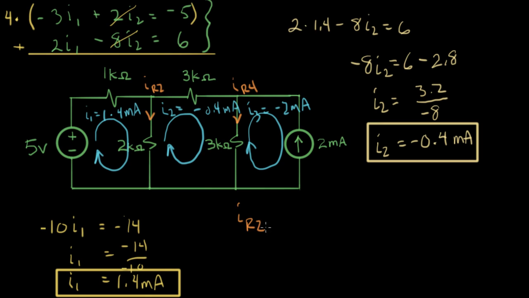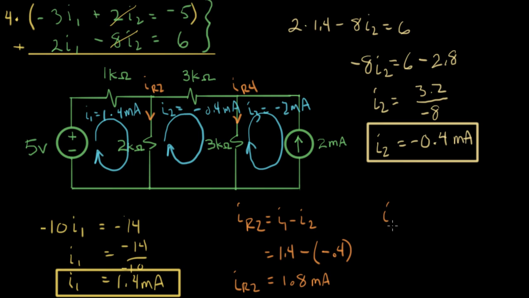IR2 equals I2 minus, I1 minus I2 equals I1 is 1.4 minus negative 0.4. And so that current equals 1.8 milliamps.